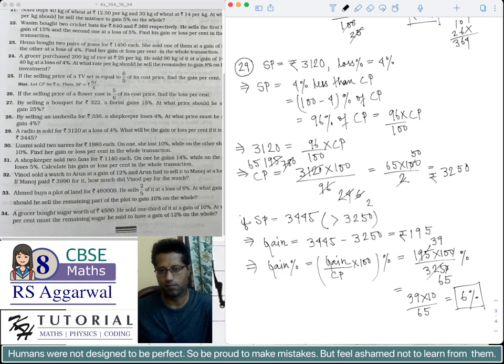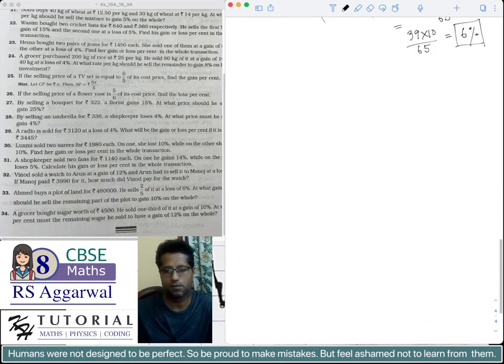Okay, let's do problem number 30. Lakshmi sold 2 sarees for rupees 1980 each. On one, she lost 10%, while on the other, she gained 10%. Find her gain or loss percent in the whole transaction. This type of problem we have already done, like question number 23 is a similar kind of problem. So let's do it anyway.